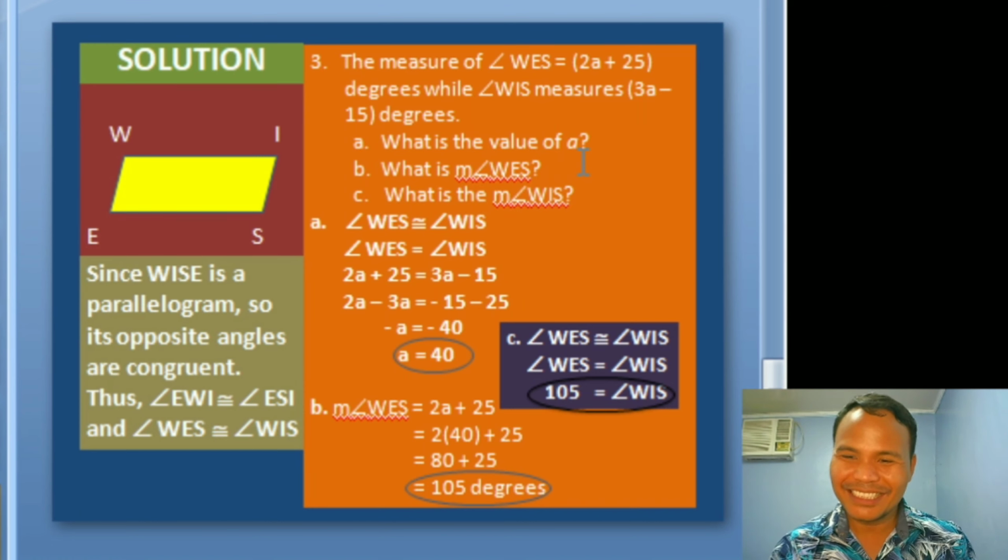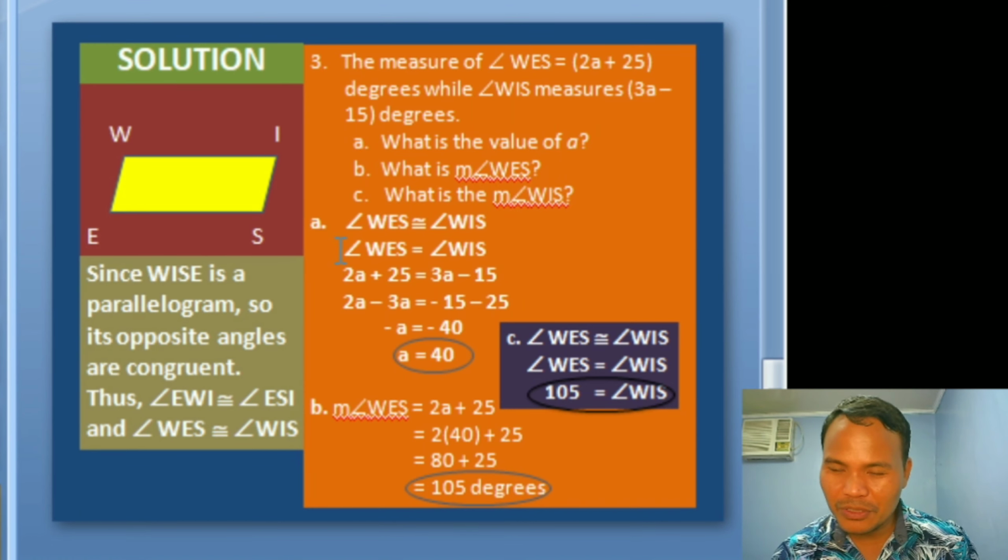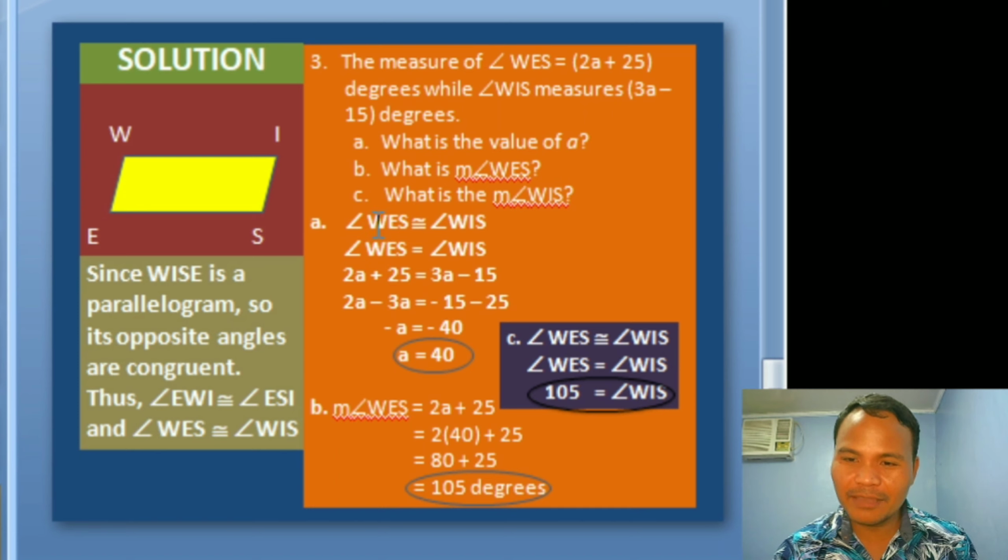Okay, so in our solution, angle WES is congruent to angle WIS, because these two angles are opposite, and opposite angles are congruent. If they are congruent, they are equal in measure.